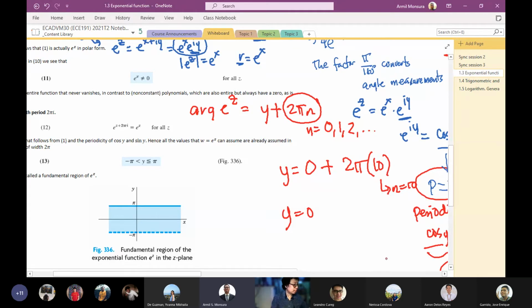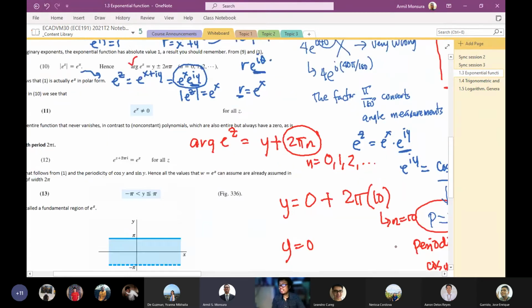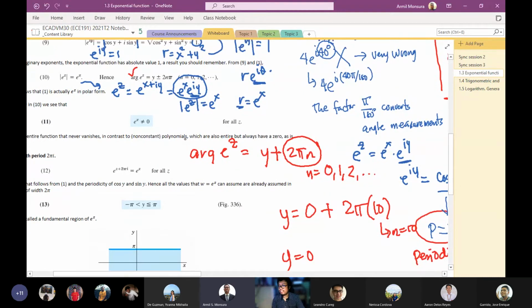But I hope that should clear things up with you. When you see a statement something like this one, you should interpret it in terms of your angle repeating every multiple of 2 pi, or your number repeating every 2 pi. Because we will have to use that fact later on, especially when we evaluate logarithmic and trigonometric functions containing complex numbers.